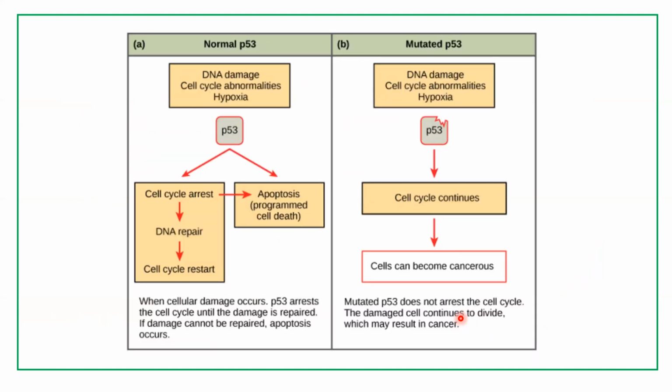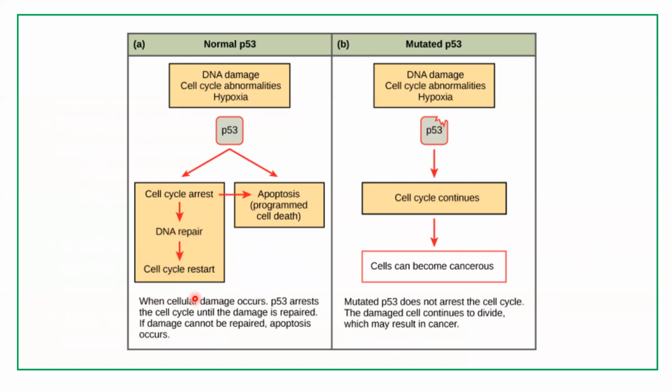So here it shows a normal P53 gene. Let's say DNA is damaged and the cell cycle is abnormal. Then the P53 gene will stop cell division, so cell cycle arrest. Then it will trigger DNA repair and cell cycle restart.